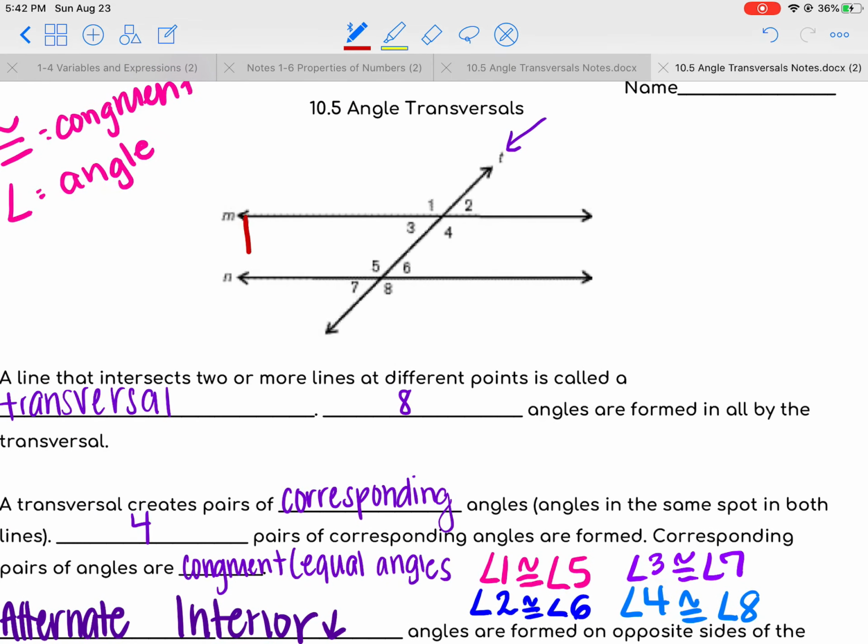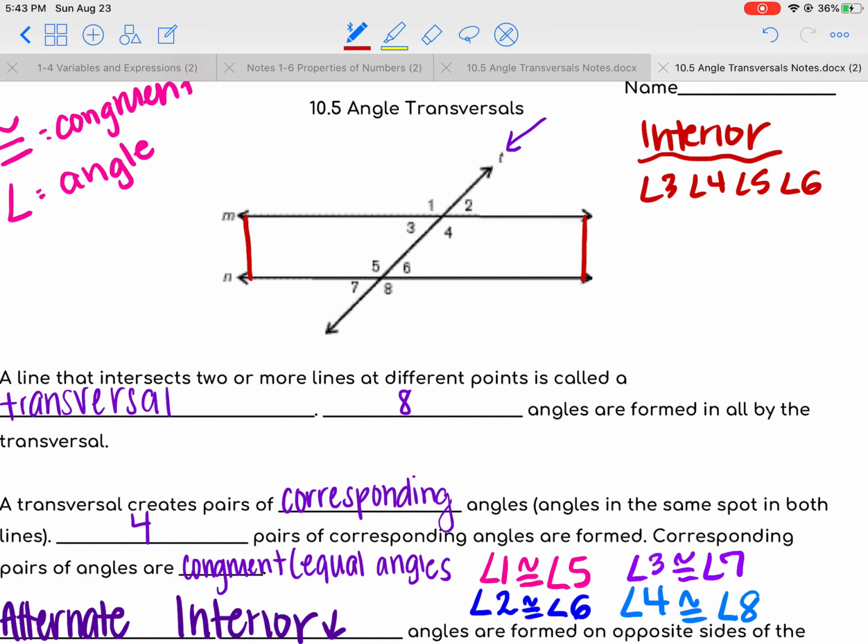I'm going to make a little box out of my two lines that are parallel, M and N. So there's my box, and the interior angles, I'll write them up here, are going to be angles 3, 4, 5, and 6.